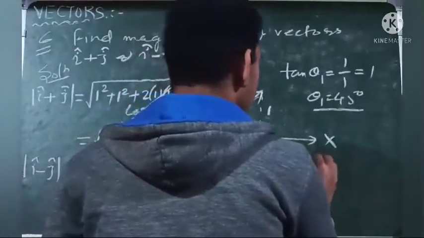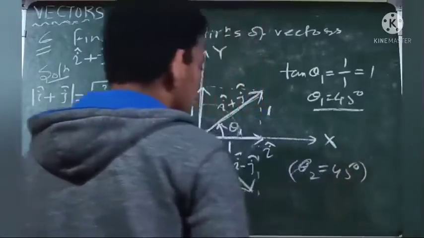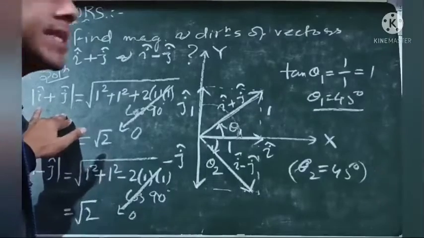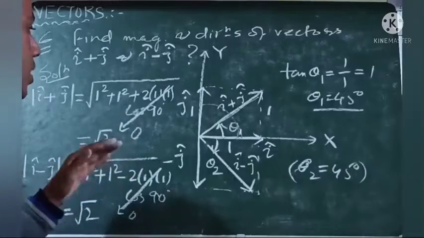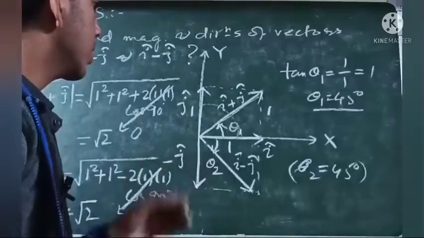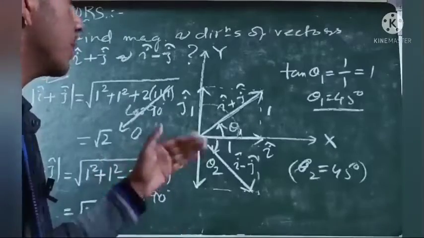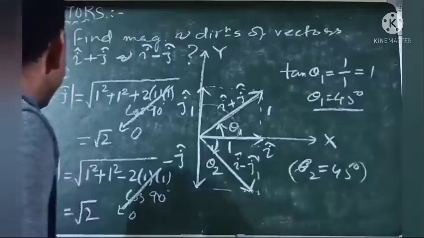Similarly, we get theta 2 as 45 degree. So we can denote the vector i cap plus j cap as a vector of magnitude root 2, and it makes 45 degree with the positive direction of x-axis in anti-clockwise sense.